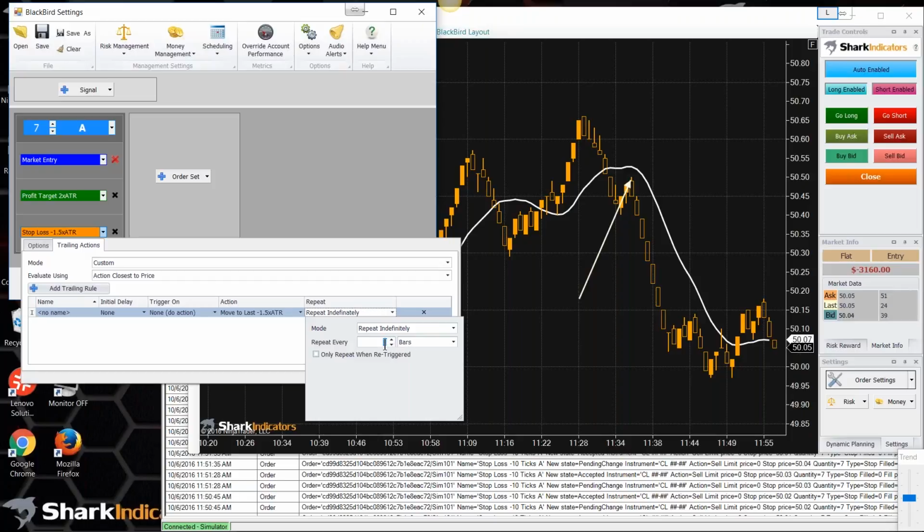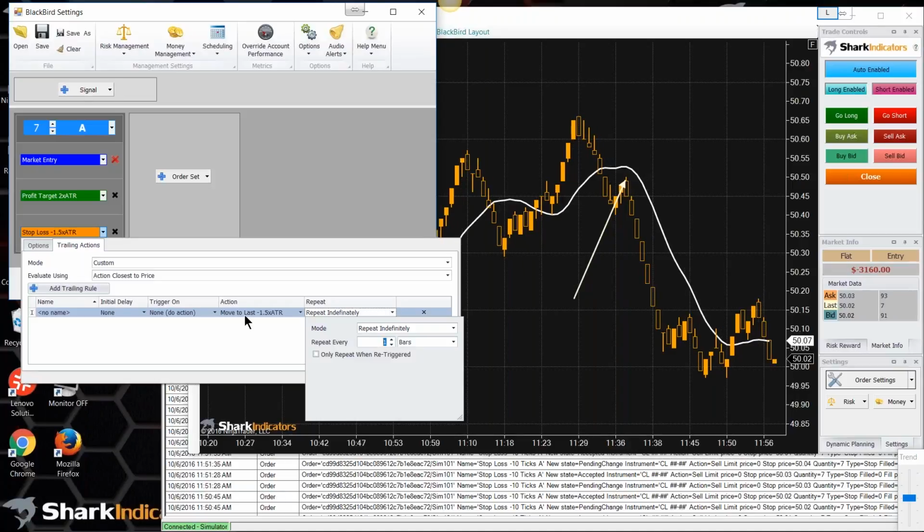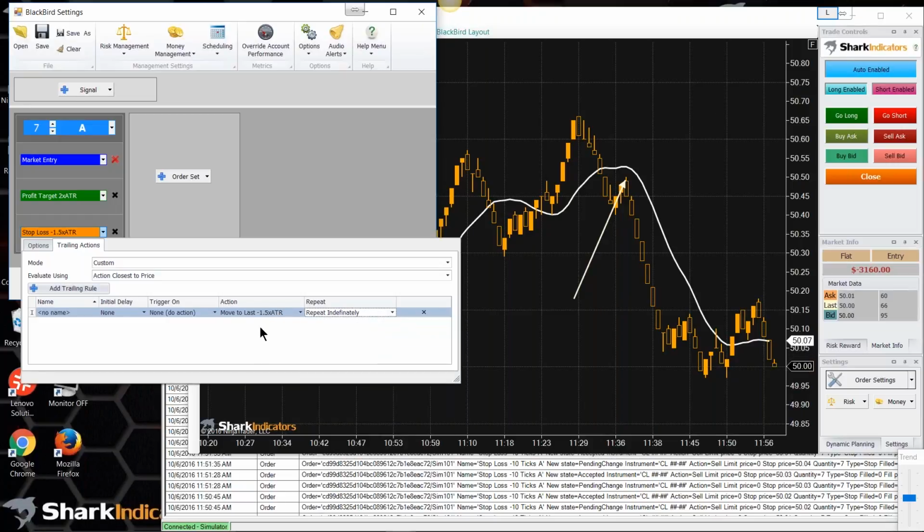That's going to be the typical use case scenario there, because typically your indicators update themselves when the bar closes. So your repeat will typically be set to 1 bar. So that way your stop loss gets trailed or readjusts once per bar when the ATR is updated or calculated there.